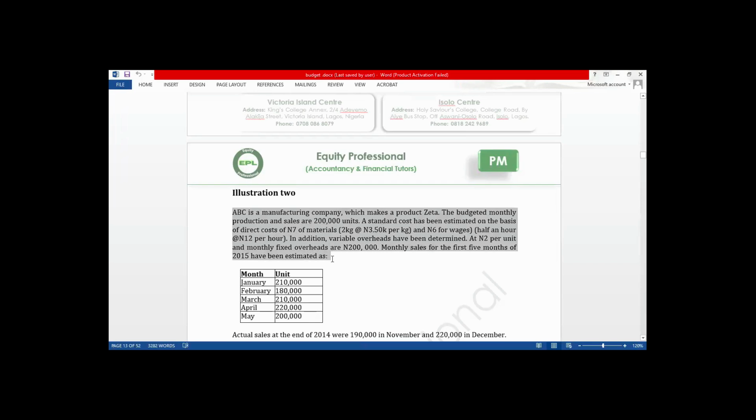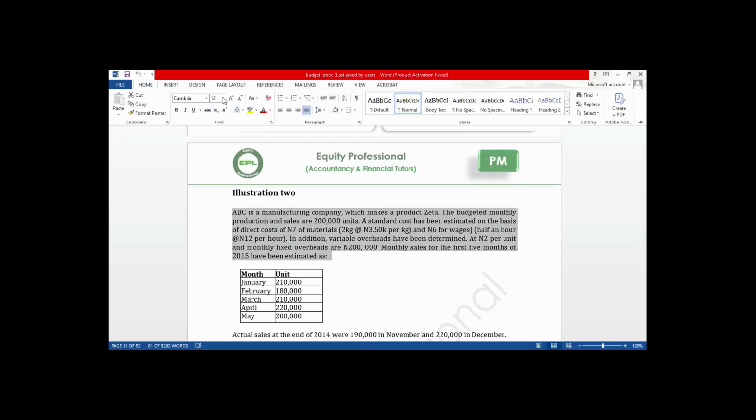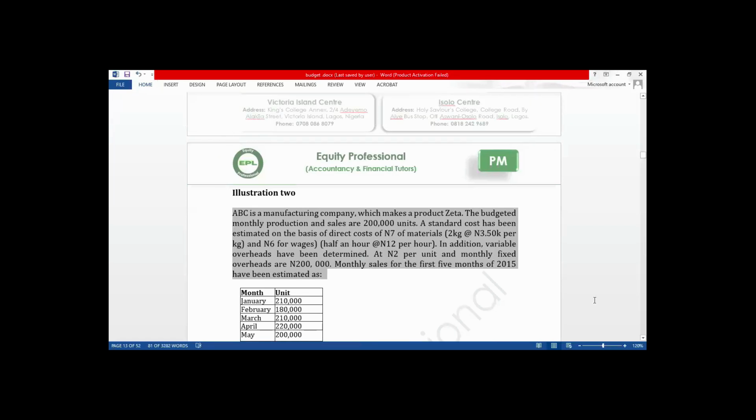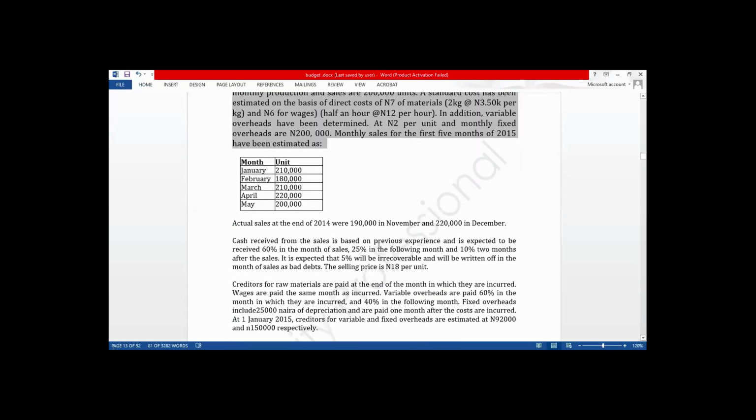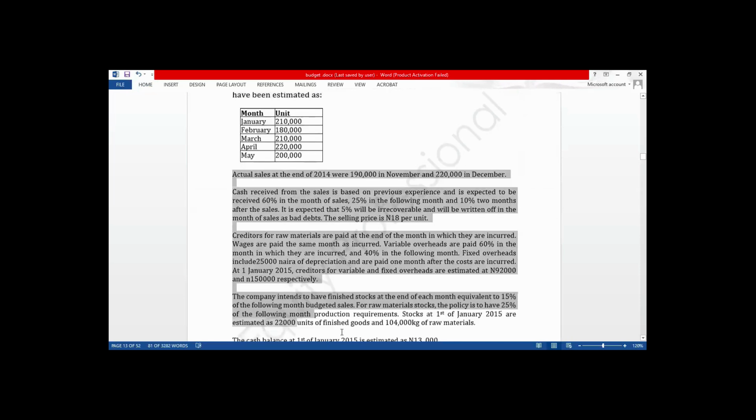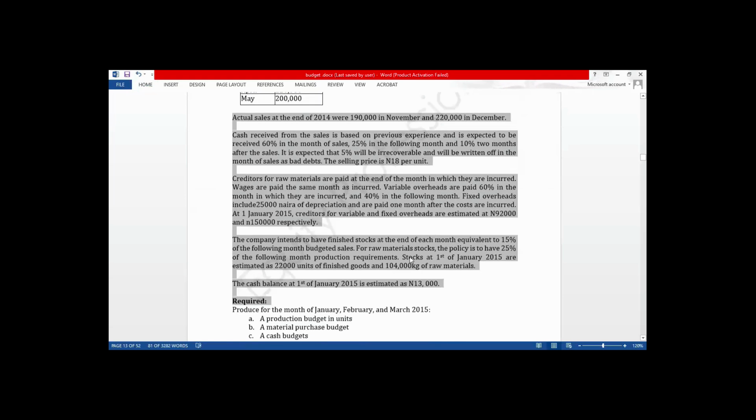The class is silent. 128. Oh, page 128. Okay. I don't have the study pack with me. I'm using my own material. So the page is page 128. Illustration 2. Is that correct, please? Yes, sir.